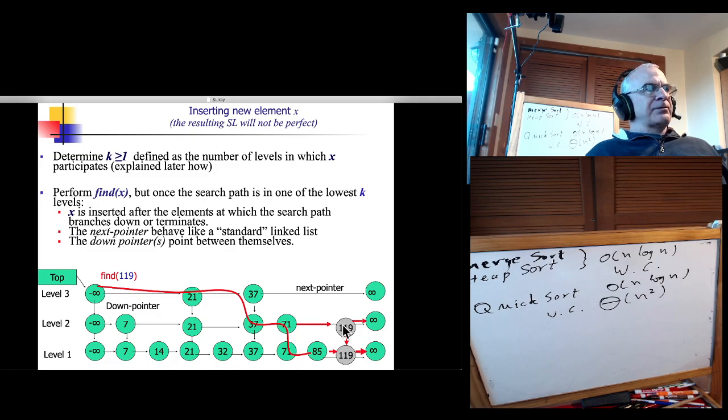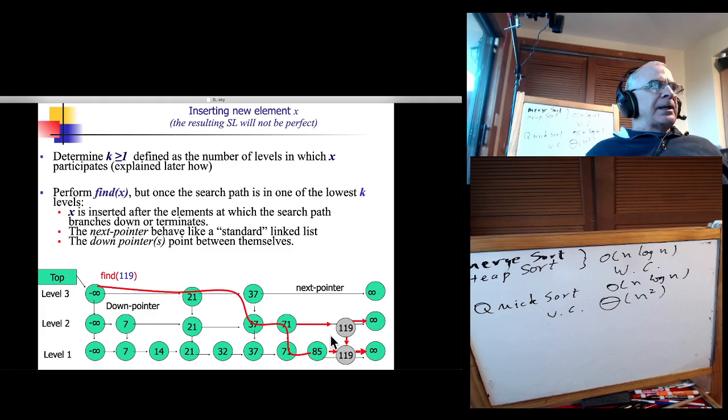One of the copies of 119 is already there on the way down. And as I continue, every time that I go down, as opposed to continuing right, it is because the next element is larger than 119, implying that that's exactly where 119 needs to go.